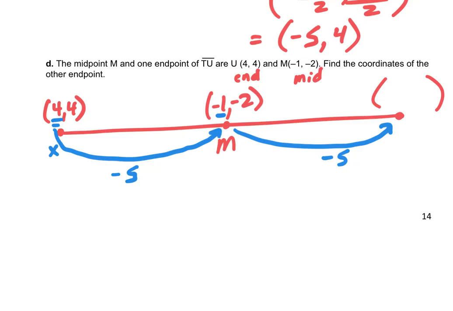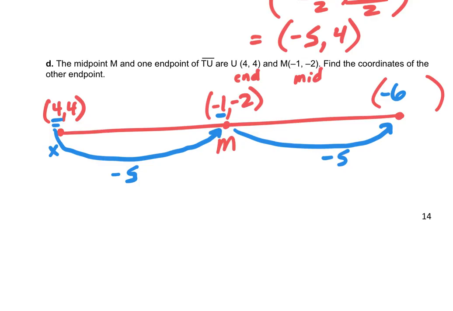Because it is the halfway point, I've got to move another 5 to the left. So if I'm at -1 and I move 5 units left, that would leave me at -6. That would be my x value. So all we're saying is, how much do I have to move to get from here to here? Is it left or right? How much left or right? And I'm going to move the same units in the same direction. Okay?